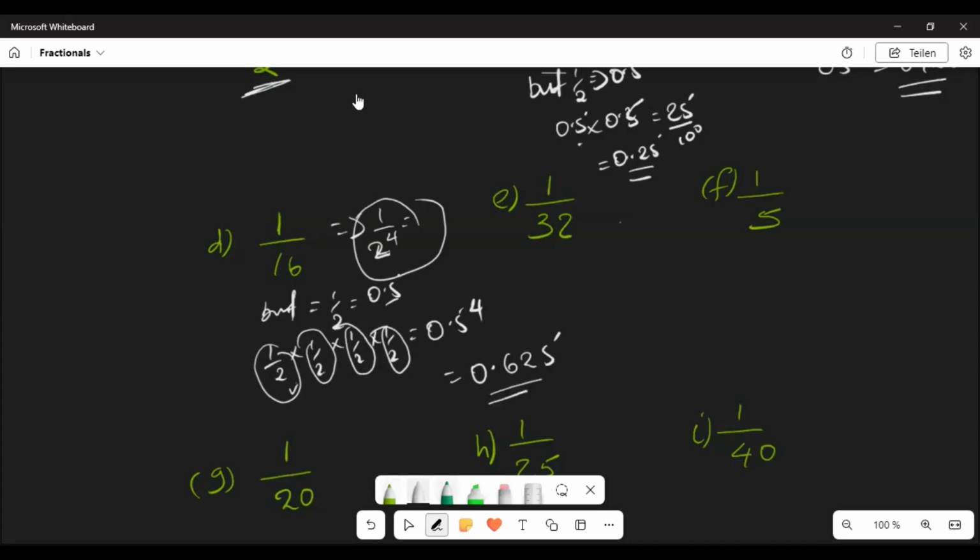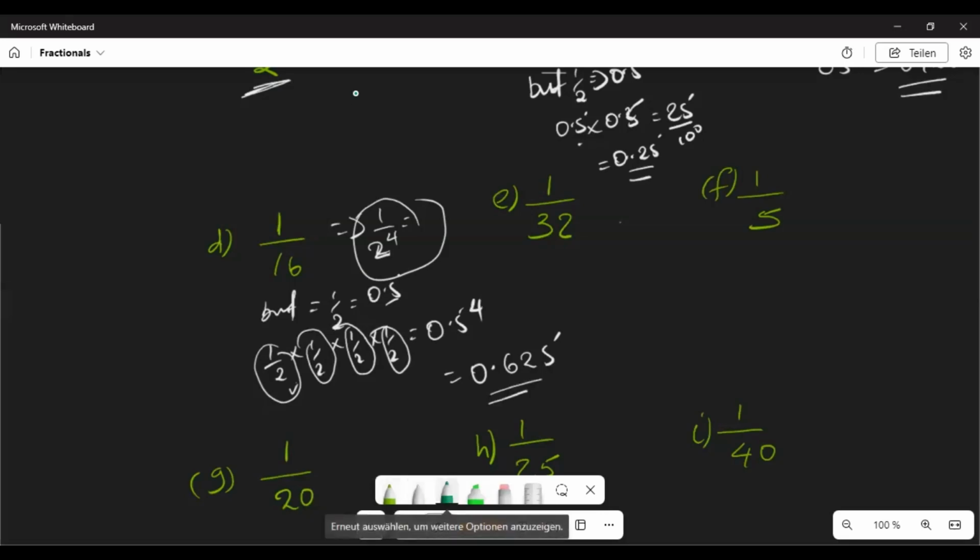And now let's look at 1/32. The same here. Remember we say that 1/2 equals 0.5.